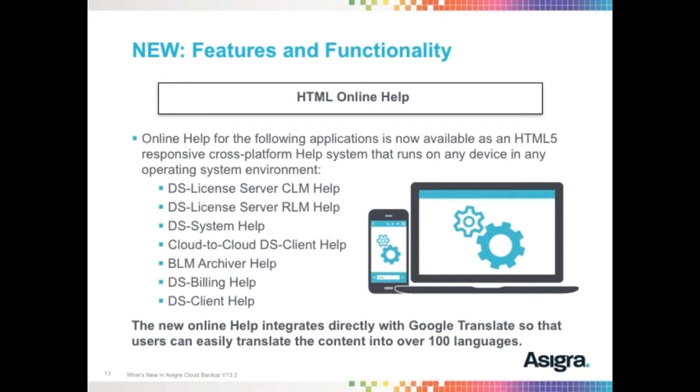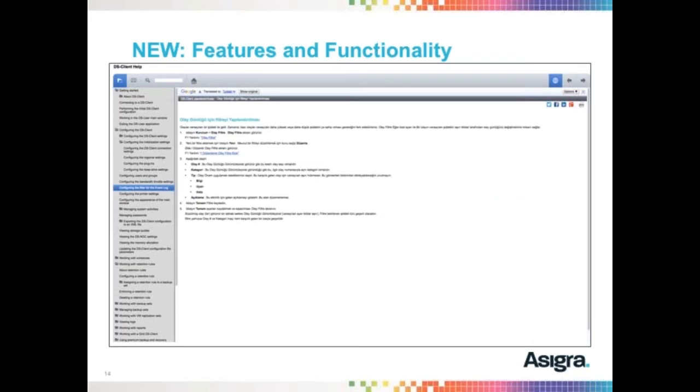This will be great for us because as we make product changes and updates to the documentation, it will not require a hotfix or a minor release. We can make these changes live against different versions. Just to give you a quick preview of what that looks like, this is the portal, and it's available as of 13.2.